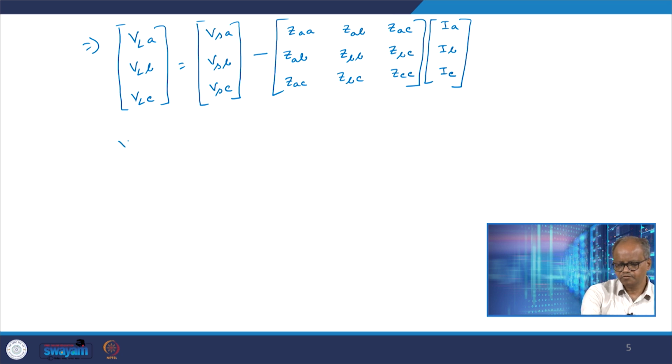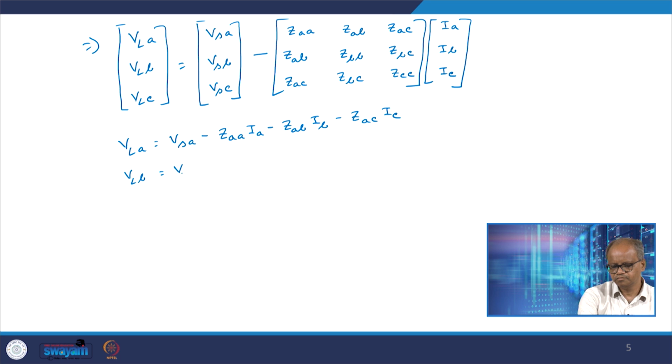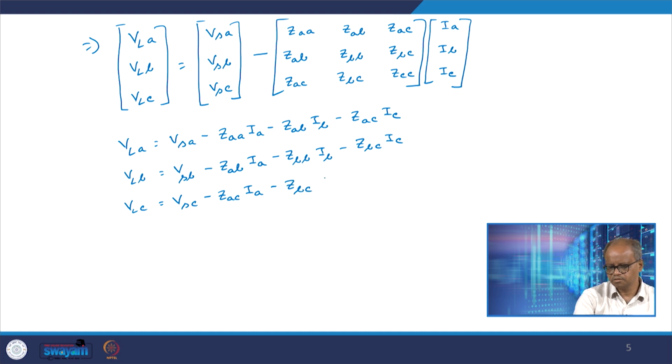So, I can write down that VLA is equal to VSA minus ZAA IA minus ZAB IB minus ZAC IC, and VLB is equal to VSB minus ZAB into IA minus ZBB into IB minus ZBC into IC, and VLC is equal to VSC minus ZAC into IA minus ZBC into IB minus ZCC into IC.